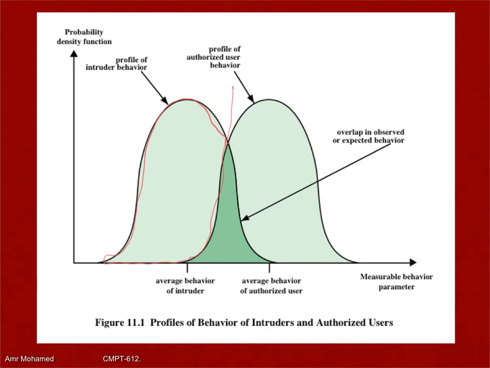Okay? And this area becomes a big question mark. If you have a 50-50 probability, what do you do? If you have a 60% probability, what do you do? Should you act upon it? Should you block the access? So that's why it's a tricky call. It's not easy.